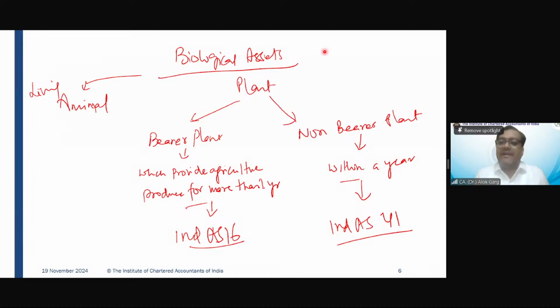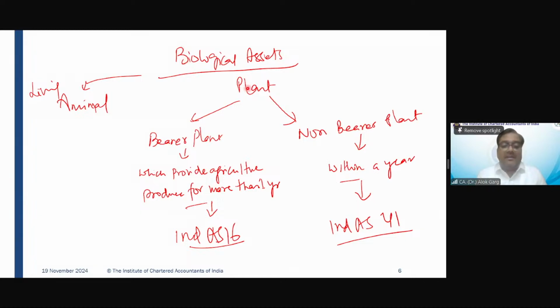Okay. Friends, now with the help of this chart, we will understand the entire applicability of Ind AS 41, right? Friends, this Ind AS 41 is applicable to the biological asset and agriculture produce at the point of harvest, right? There is no problem on the agriculture produce, but what about biological asset?